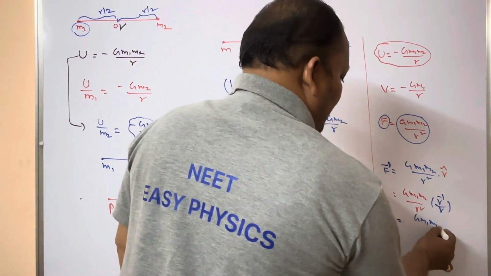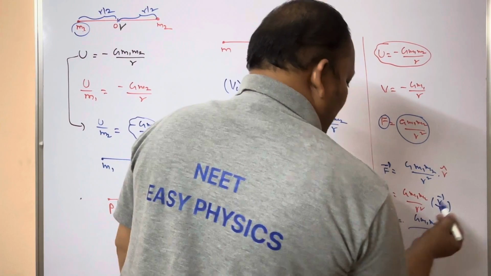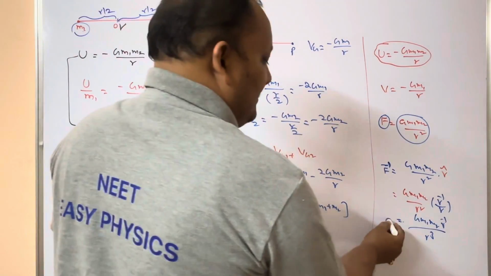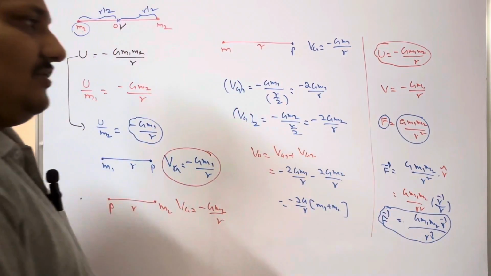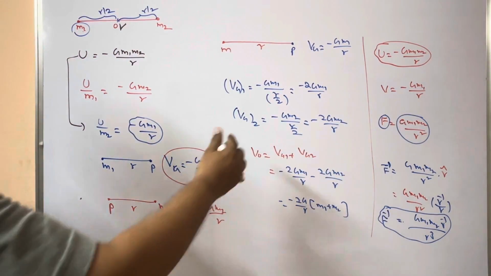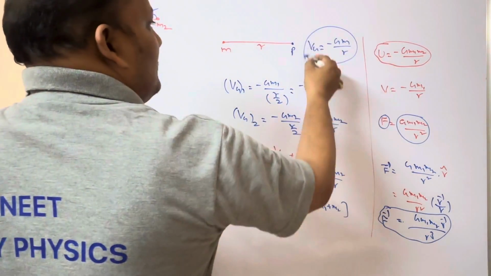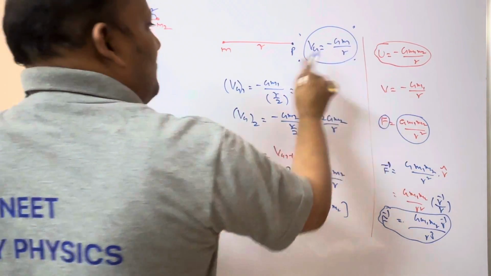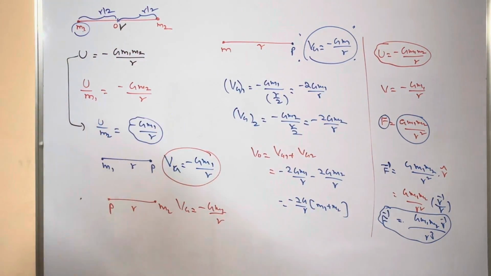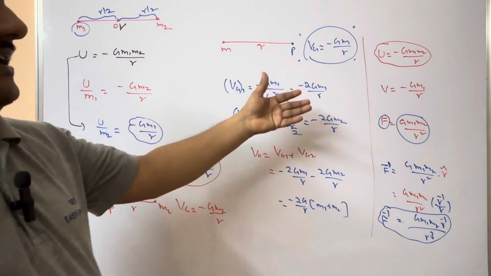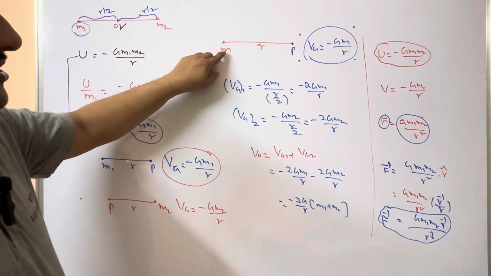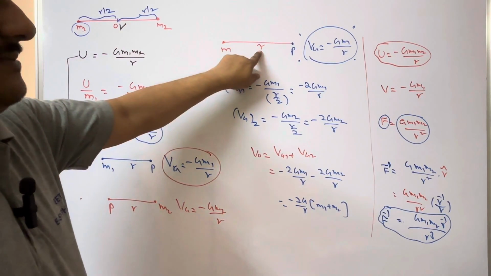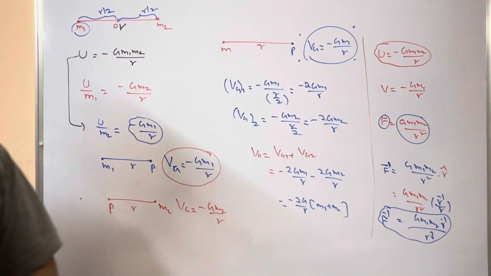Therefore, they will write G m1 m2 r bar by r cube, with a minus sign. This is the gravitational force in vector notation. This is the gravitational potential equation. On this, they will ask problems; we will see how in the problems. But whenever they ask gravitational potential, you have to remember this formula, the gravitational potential due to a single mass at some distance r.